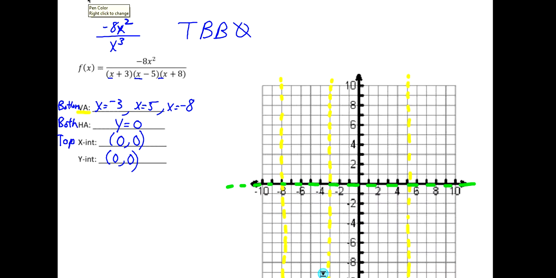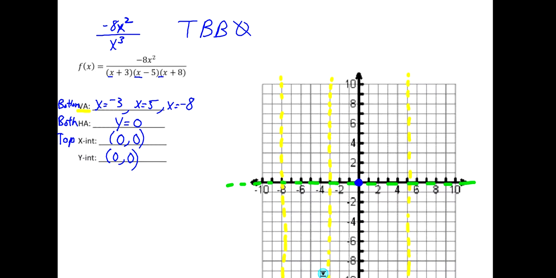And this time we only have one X or Y intercept, which is going to mean that we've got a lot of work to do on this one. Okay. So we have 3 vertical asymptotes, which means we have 4 pieces to draw. Okay. All right. So let's start on the left side.